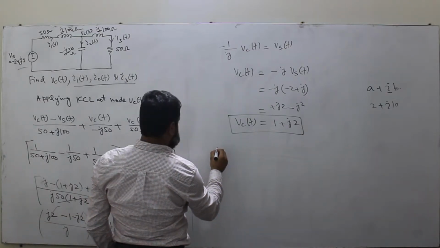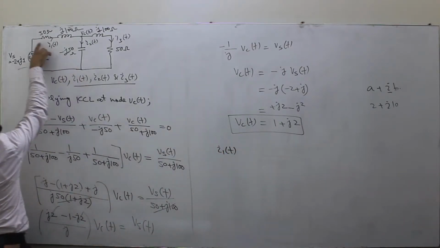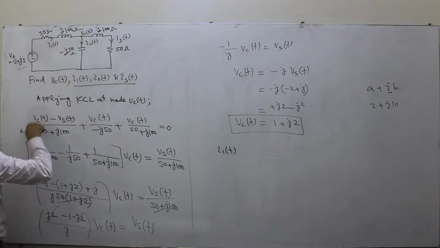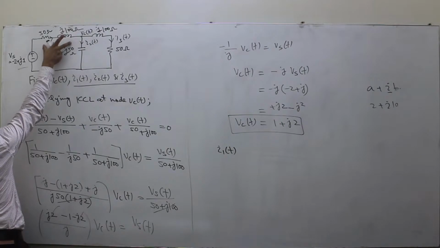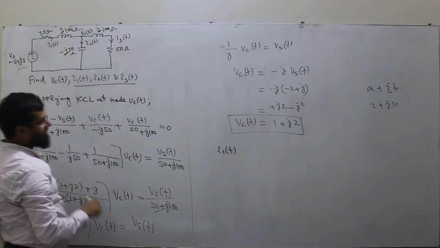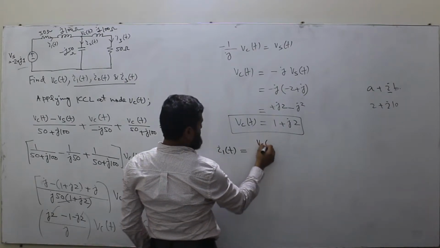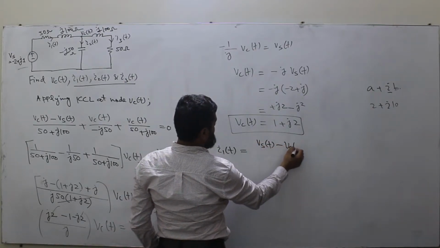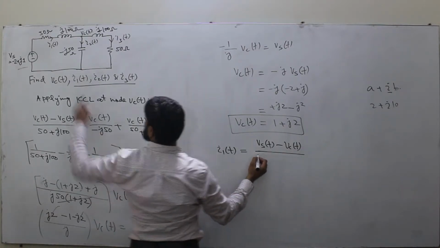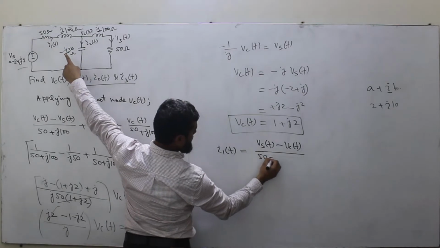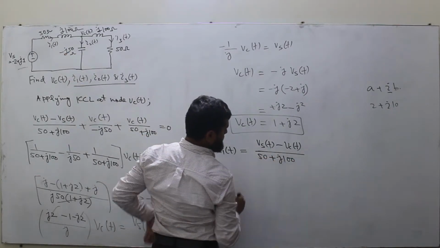First of all, the current I1(t) is represented in this branch, and we can see that this voltage minus this voltage divided by the impedance of this will give I1(t). So we can write it here now: Vs(t) minus Vc(t) divided by the total impedance of this branch, which is 50 ohm plus j100 ohm.